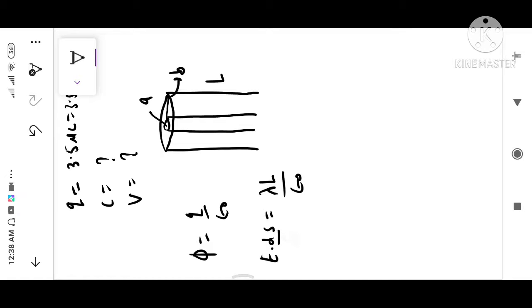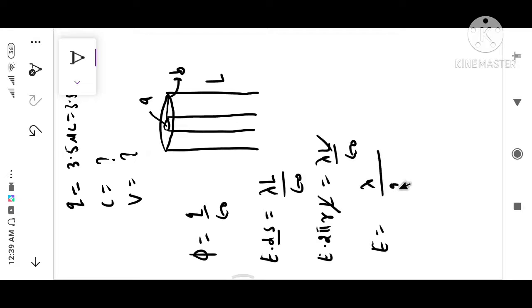That is the cylindrical surface area, which is nothing but 2 pi r L. So E into 2 pi r L is equal to lambda L upon epsilon naught. This L will cancel, so you will get E is equal to lambda by 2 pi epsilon naught r.